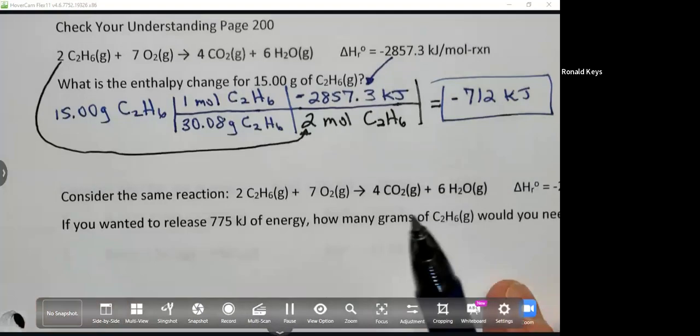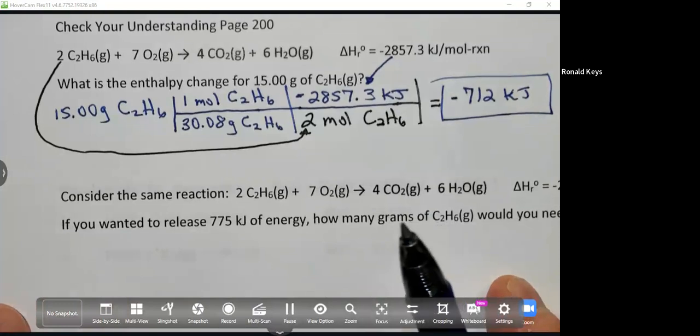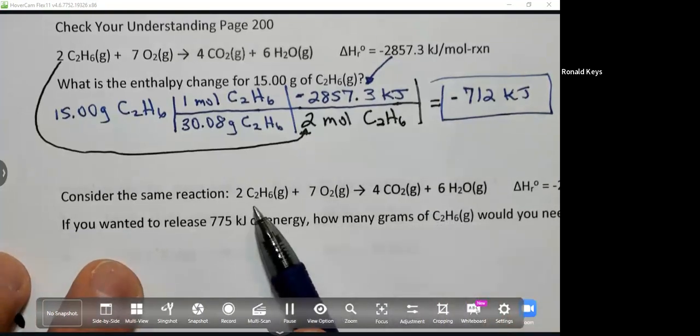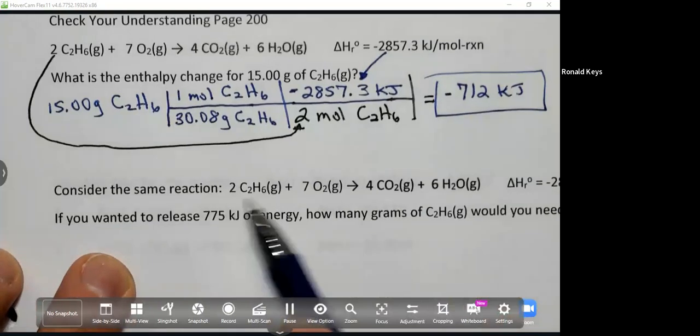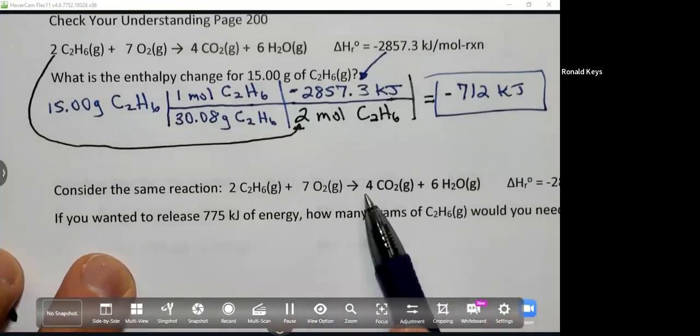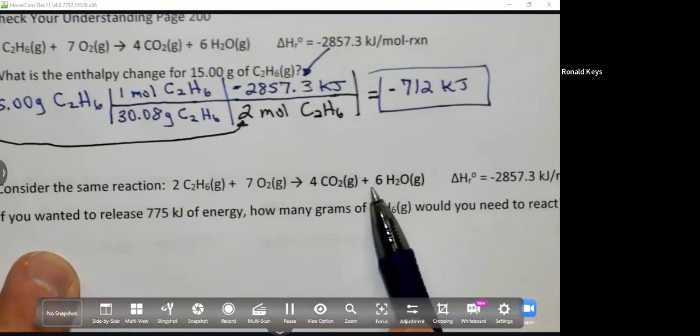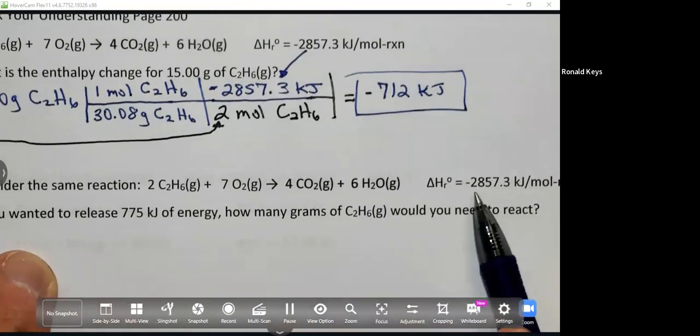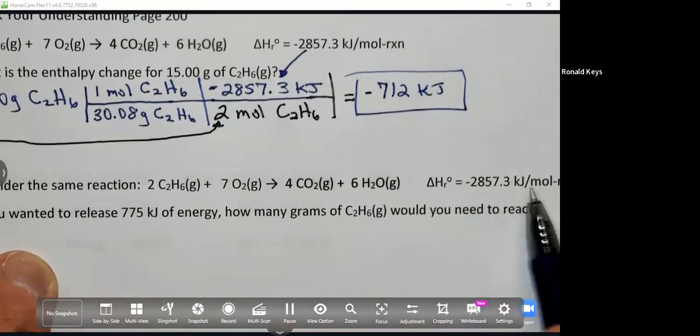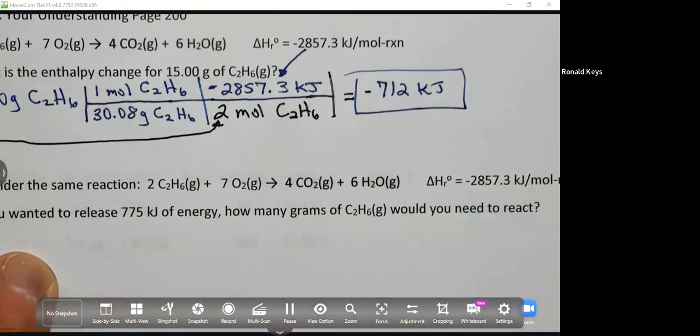Here's, I believe, this last type of question. So if we have this reaction, same ones up above, this involves 2 moles here, 7 moles of oxygen, 4 moles of carbon dioxide, 6 moles of water produced, and the enthalpy of reaction is -2857.3 kilojoules per mole.